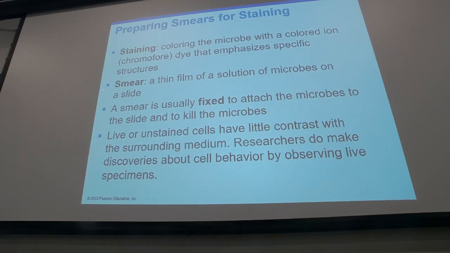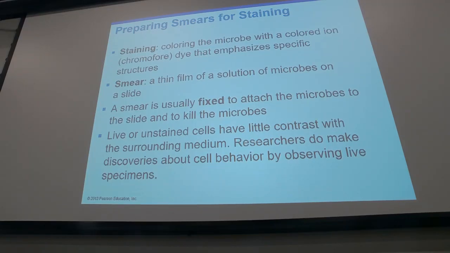Now, you have to prepare this object by producing a smear. What is a smear? It's a very thin film. And this smear will be added onto a glass slide.